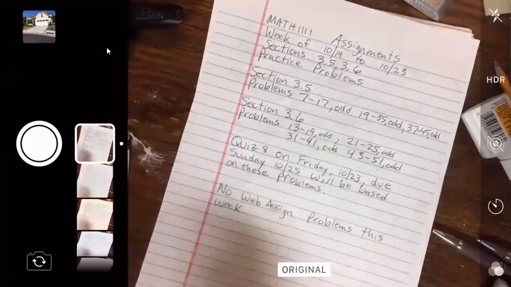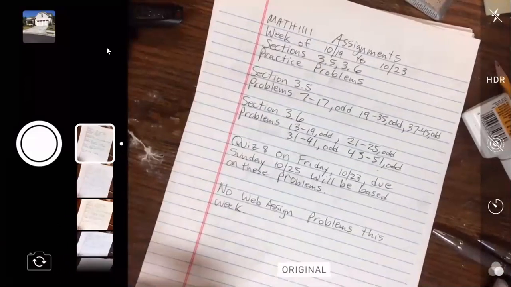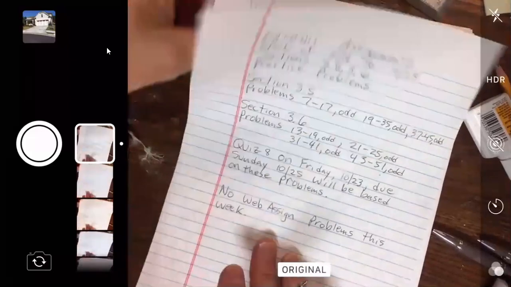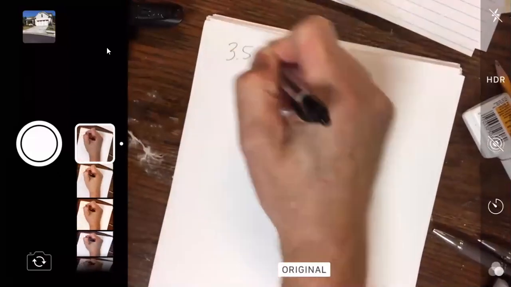Do you want to charge into a few examples from 3.5, or just what are these about? Sure. Okay. What we do is 3.5. It's called complex zeros. We generalize to complex zeros.